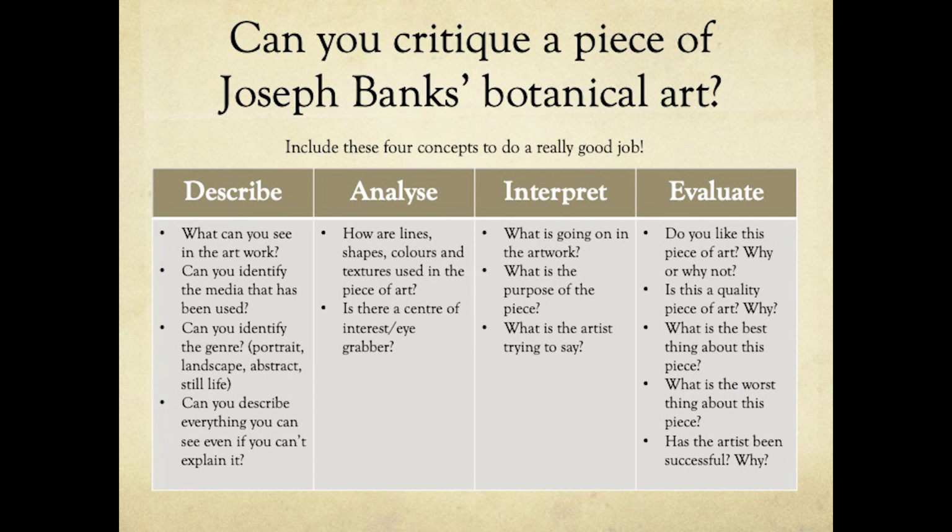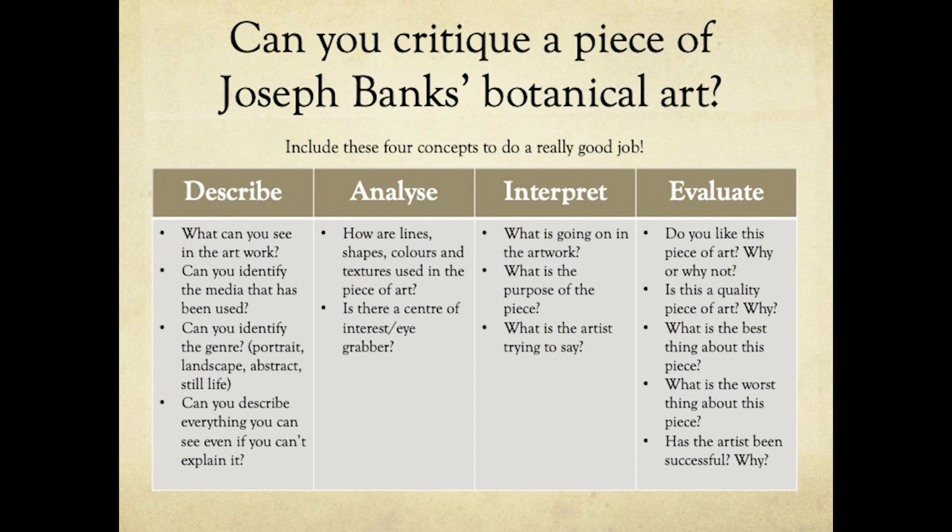The first thing is to describe what you can see. What can you see in the artwork? Can you identify the media that has been used? Now we know that it was probably printed from a copper engraving based on an original drawing, and then probably watercolour was added to it. Can you identify the genre? Is it in a portrait position, or is it landscape?